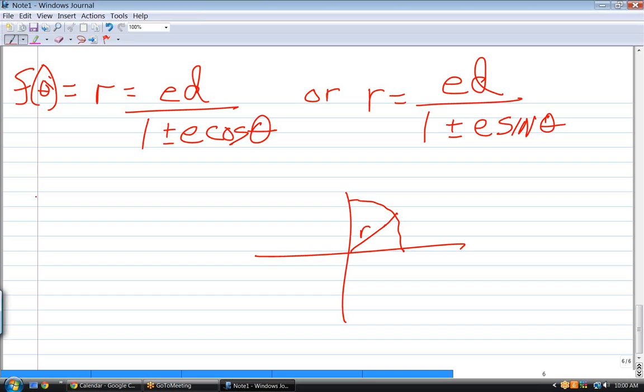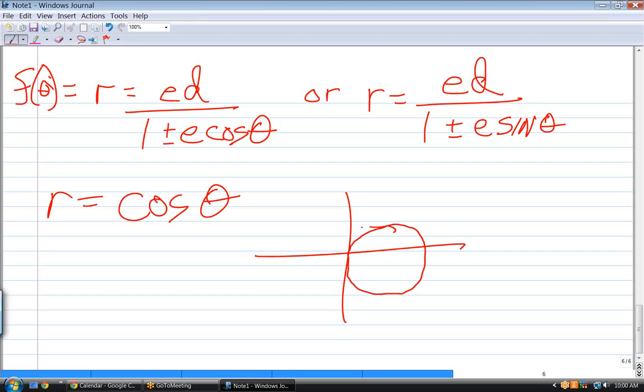And when you define polar equations, our equation of a circle was r equals cosine of theta. Well, that defined this polar graph. And r is always this distance, or this distance, or that distance. It's not really a radius.